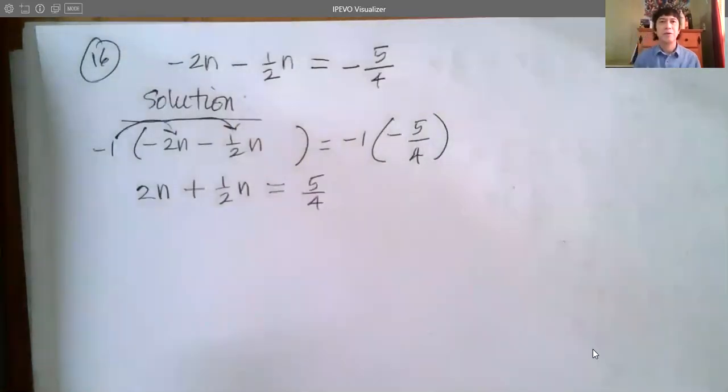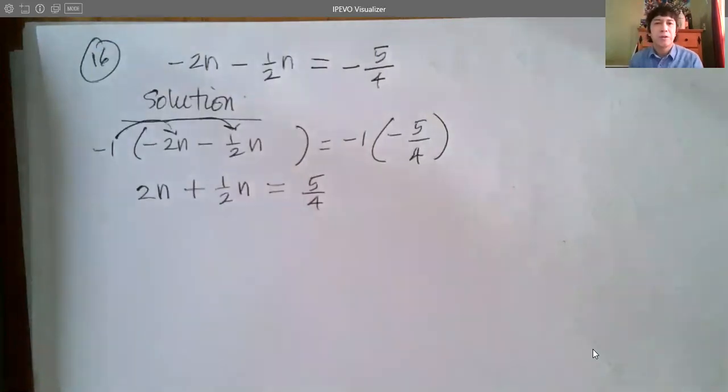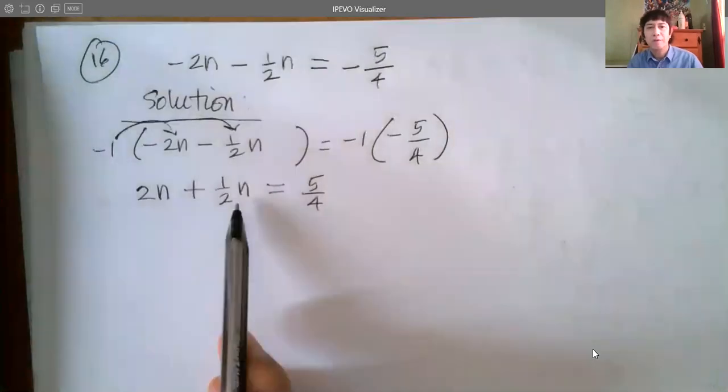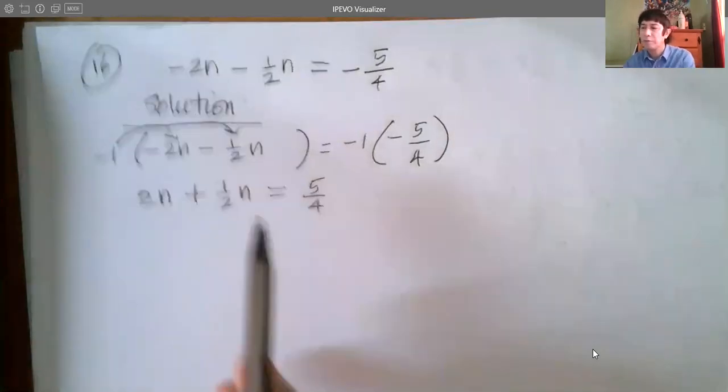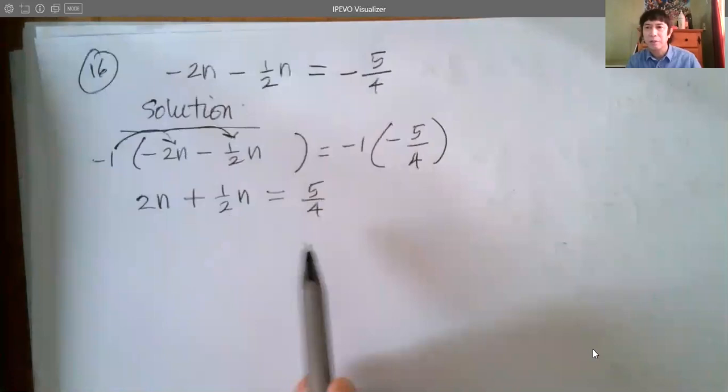There. So we can see now a version of the original equation with no negatives or minus signs. So notice the fractions involved. You have a denominator of 2 in the 1/2 n and a denominator of 4 at the right side.